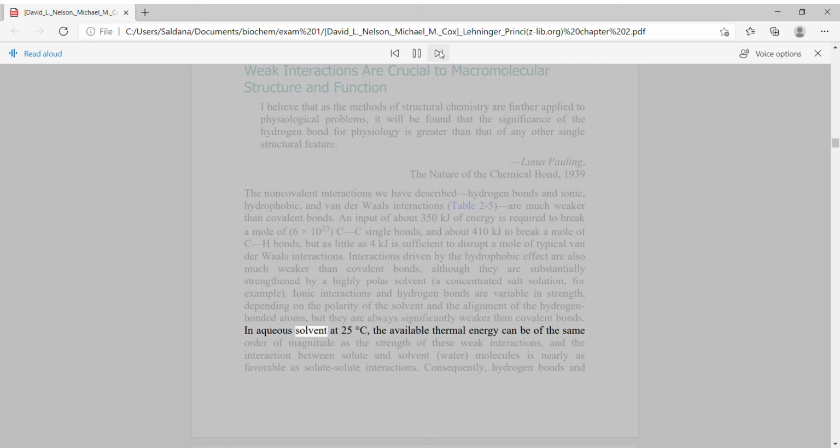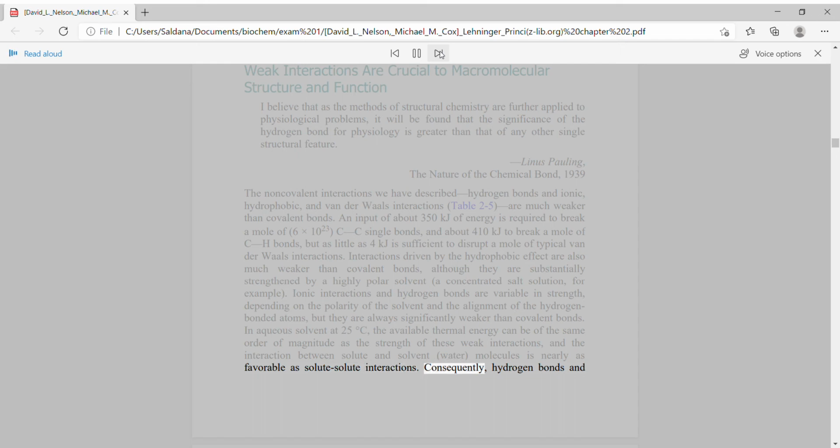In aqueous solvent at 25 degrees Celsius, the available thermal energy can be of the same order of magnitude as the strength of these weak interactions, and the interaction between solute and solvent, water, molecules is nearly as favorable as solute-solute interactions.